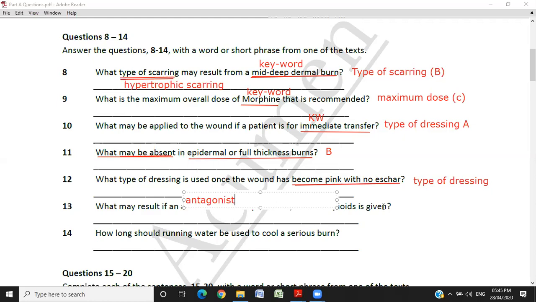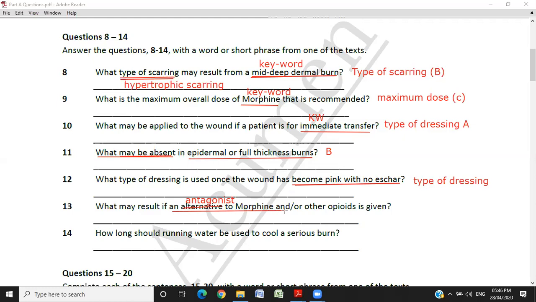Antagonist means if you give any medication and you think that this medication has been given as an overdose, you give another medication to counter its effect, and that is known as antagonist. Yeah, antagonist. So here, what is my keyword? Antagonist to morphine is my keyword.